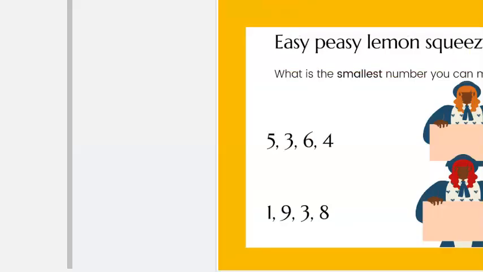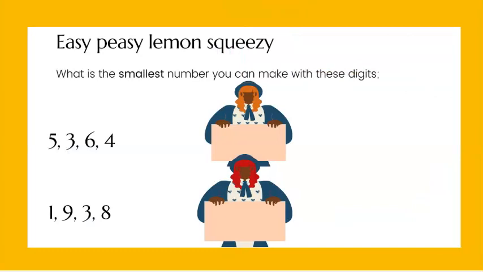All right. Next question. Easy peasy lemon squeezy. Very simple. Now, what is the smallest number you can make with these digits? Now, let's start with this. What's the smallest number I can make? I have 5,364 here. And I want to make a very small number from this using all of these digits here.